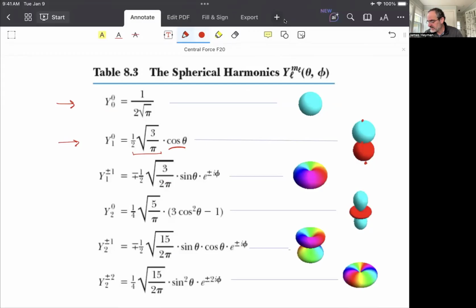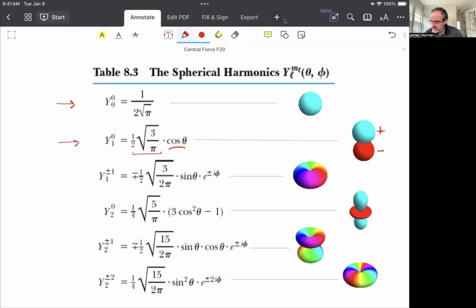Okay? In this plot, we represent the sign, or more generally, the phase, with the color. So blue represents positive amplitude, and red represents negative amplitude. Okay? Of course, a wave can have positive or negative amplitude at every location.